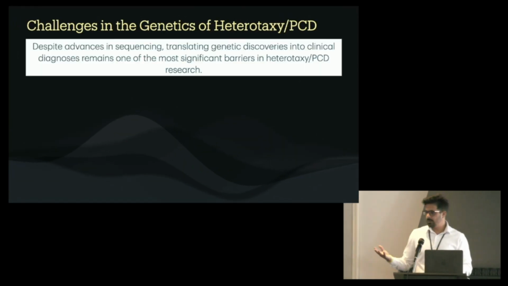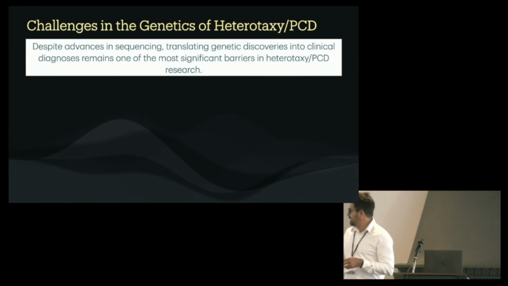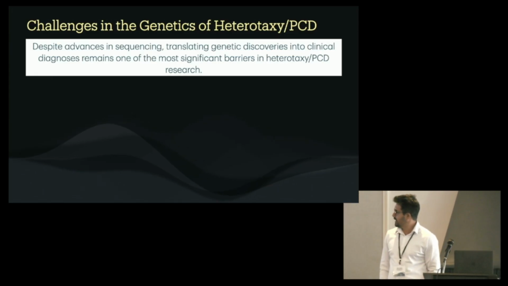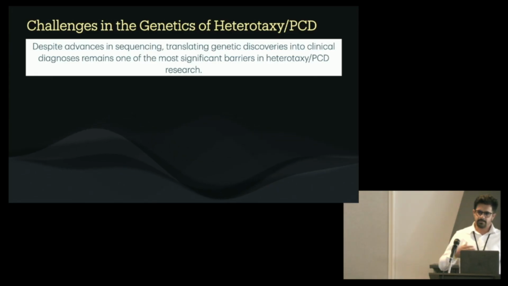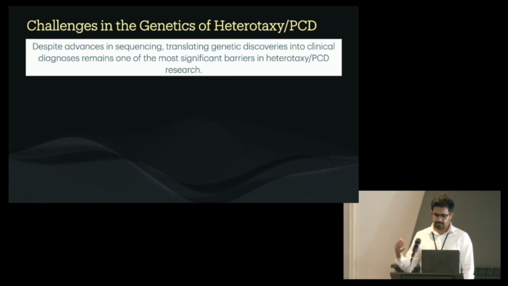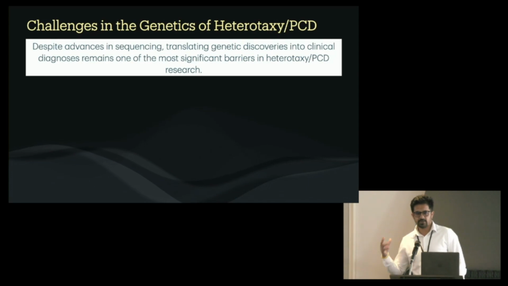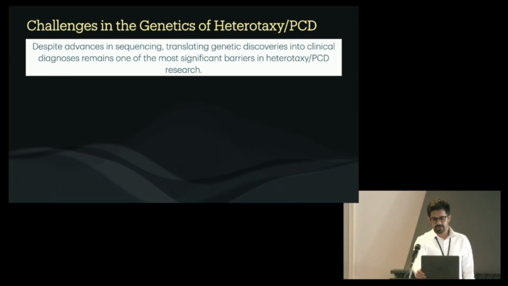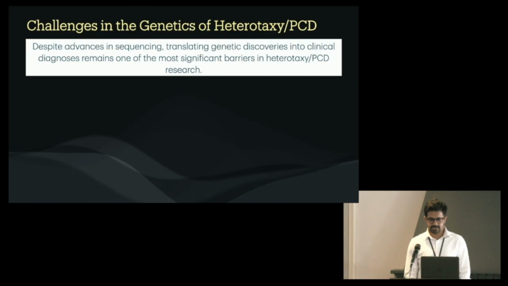I just wanted to highlight some of the challenges in the genetics of heterotaxy and PCD. Because of long read sequencing and whole exome and whole genome sequencing, we are sequencing patients a lot. But translating these genetic discoveries into actual clinical diagnosis has been one of the biggest barriers in genetics.